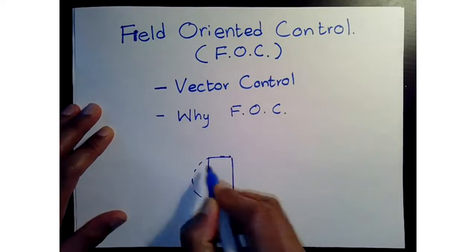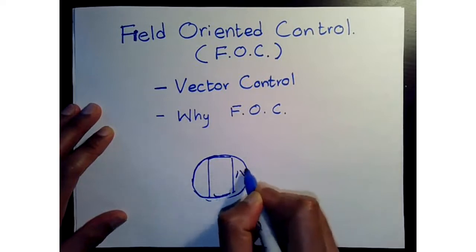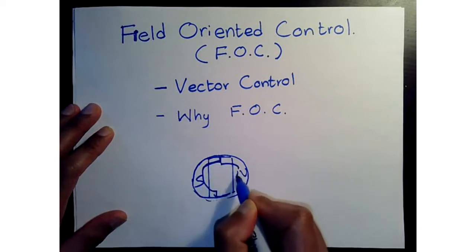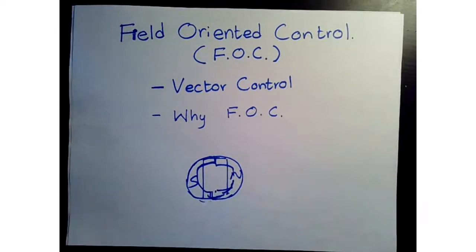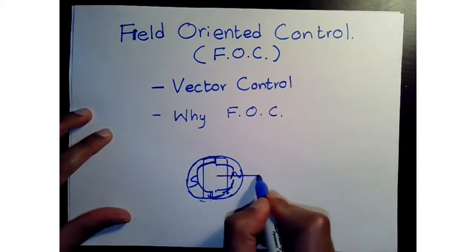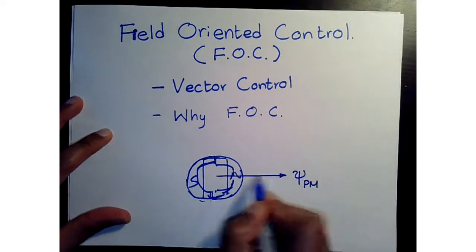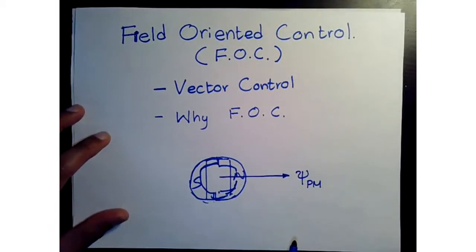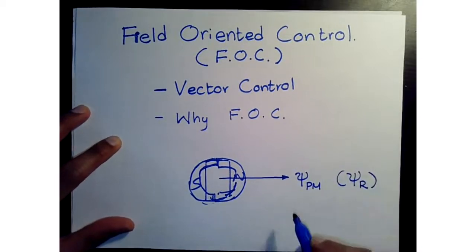Maybe we have a rotor like that, which has, let's say, a north and a south, like that. And then for this, we can assign a vector. The flux vector of the permanent magnet is along this north. So this is our rotor flux vector. We can call this also the rotor flux vector.